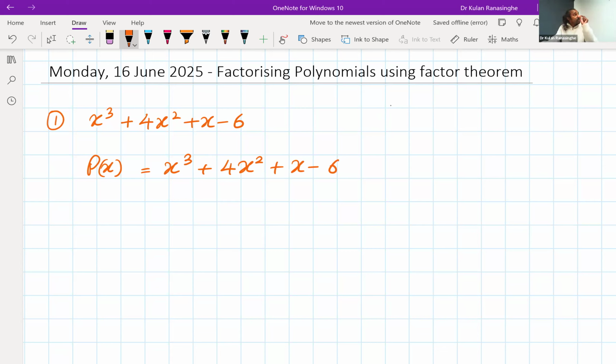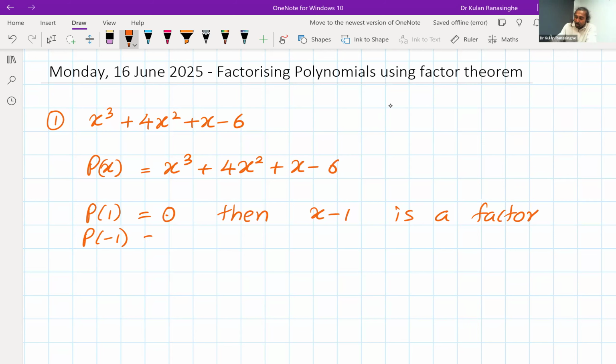We know if P of something is equal to 0, let's say if P(1) equals 0, then x minus 1 is a factor. Likewise, if P(negative 1) is 0, then x plus 1 is a factor.